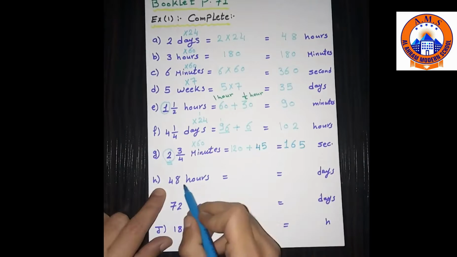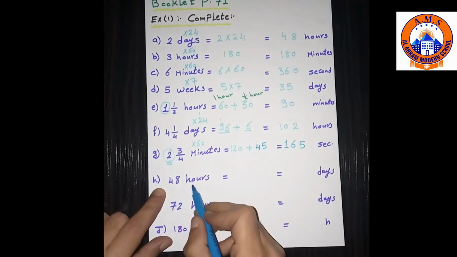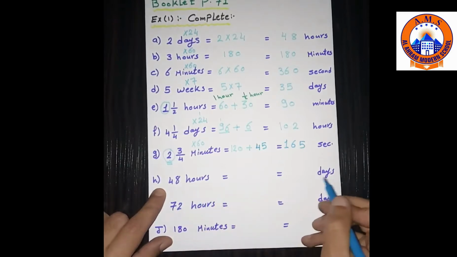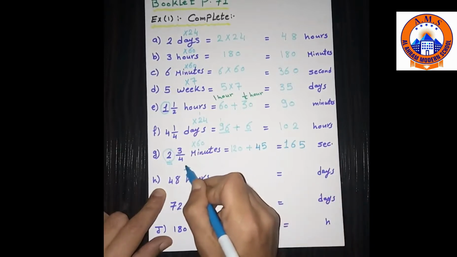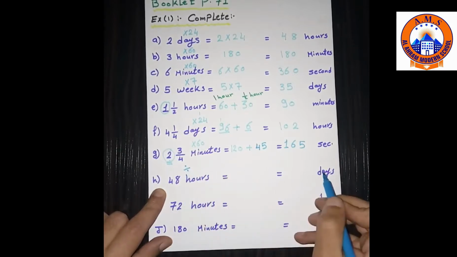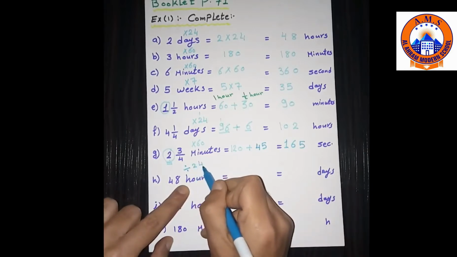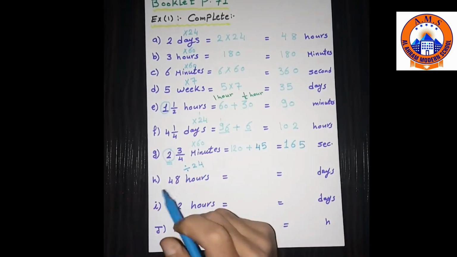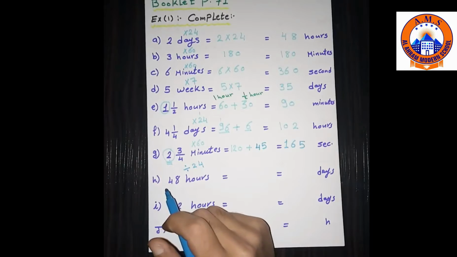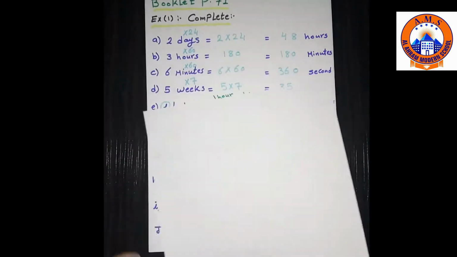Question number H, we have 48 hours and we want to change it into days. From hour to days, from a smaller unit to a bigger unit, we have to divide. The day contains 24 hours, so we divide by 24. To do that, I will write it outside.